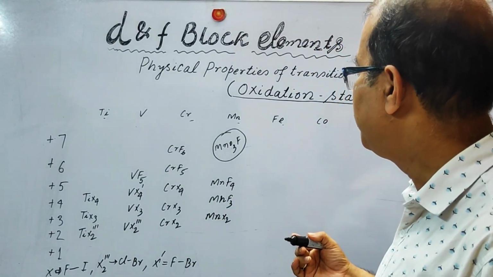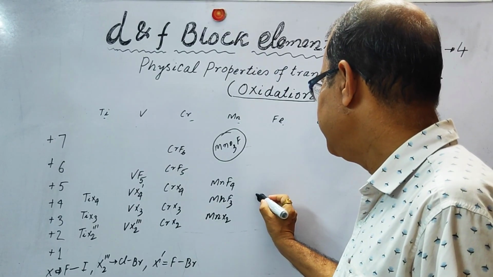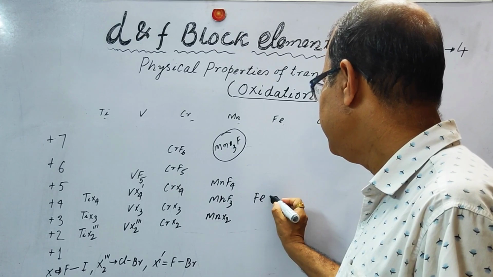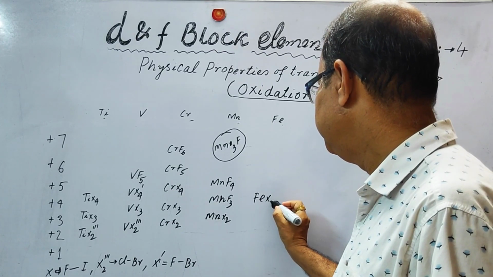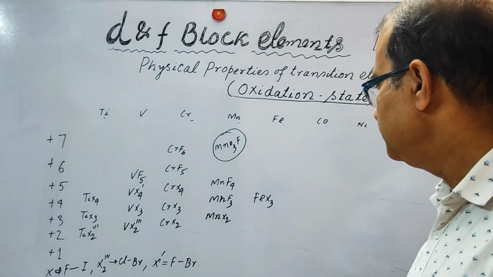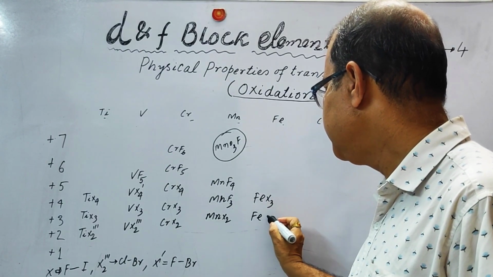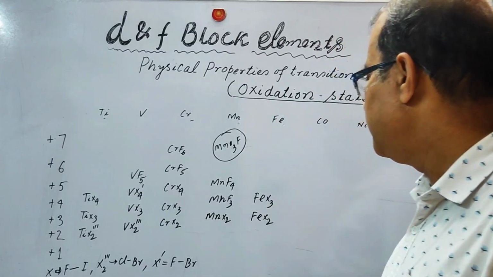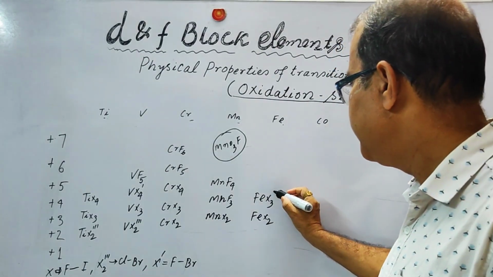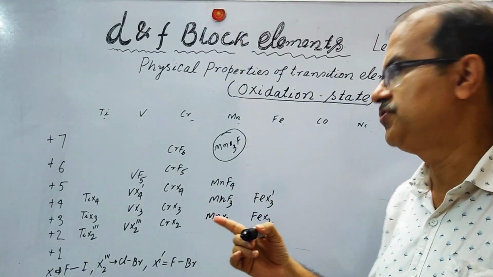After that, what we find is from the iron, that it will have this ferrous tetrahalide, ferrous trihalide, and another compound. And in this case, you will find that here also no iodide is produced.